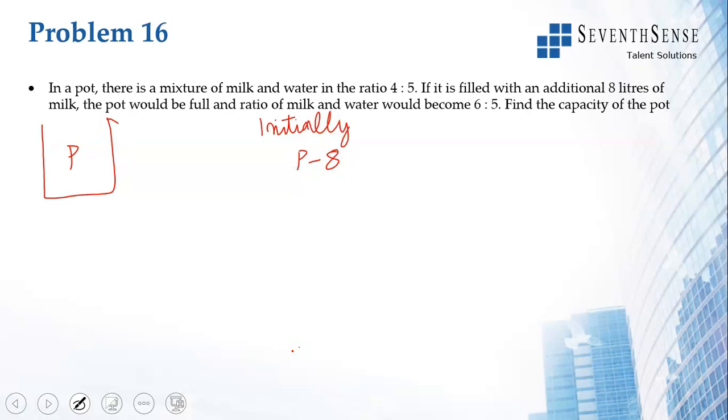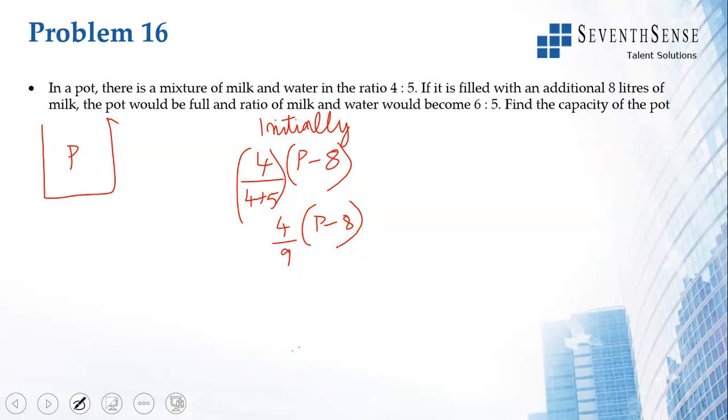What is the quantity of milk in that? Total mixture is P minus 8. Milk and water are in the ratio 4:5. Don't write 4 by 5. It has to be 4 divided by 4 plus 5, meaning 4 by 9 into P minus 8.